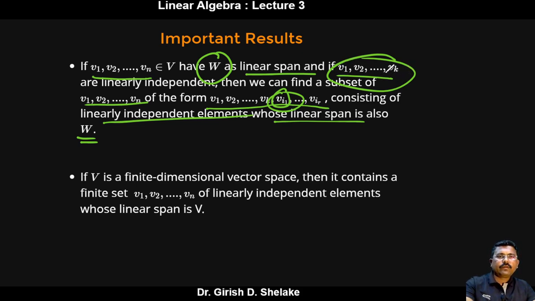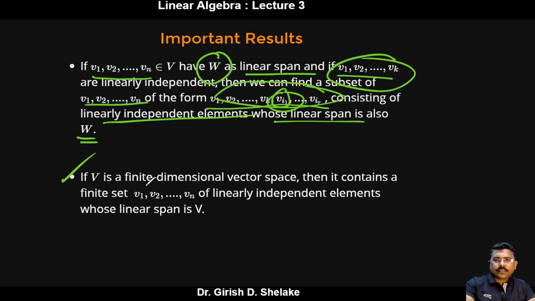If we add some vector and the set is linearly independent, then again we try to add some other vector, and in this way we get a set of vectors that is linearly independent and whose span is equal to capital W.